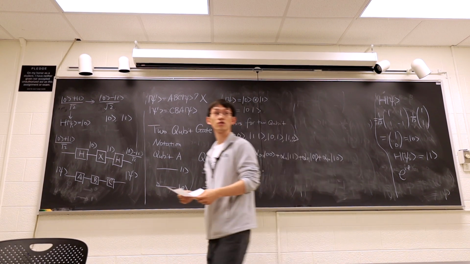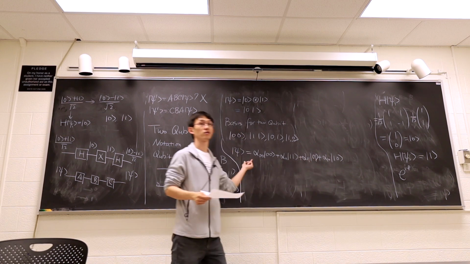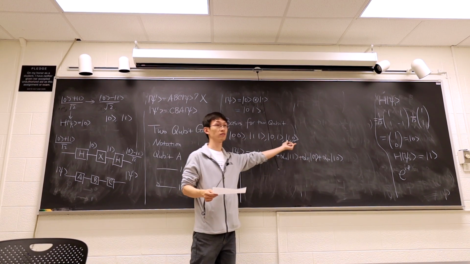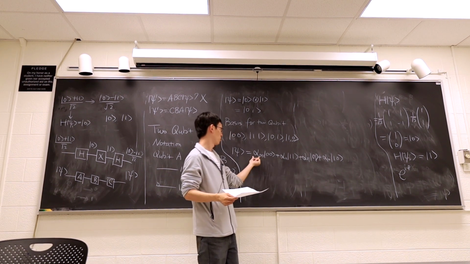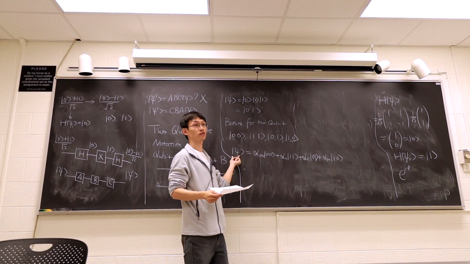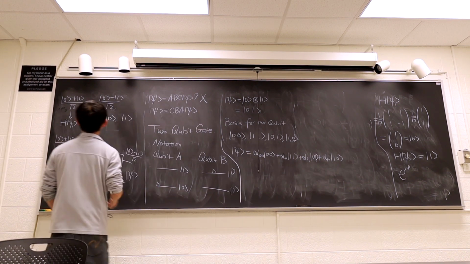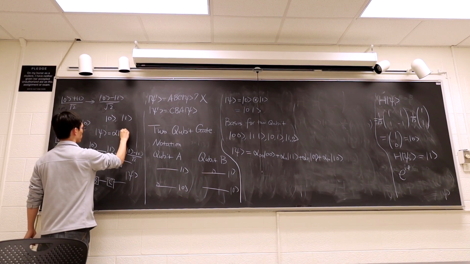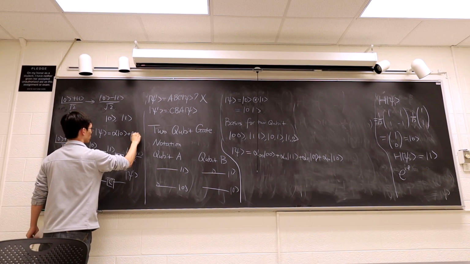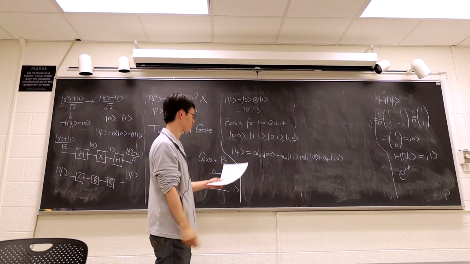Okay, so this is a way to express your state, because you have 4 bases, then each of them has a probability of showing up in your state, and each of them carries a phase. It's exactly the same thing as you have alpha and beta in a single qubit state.